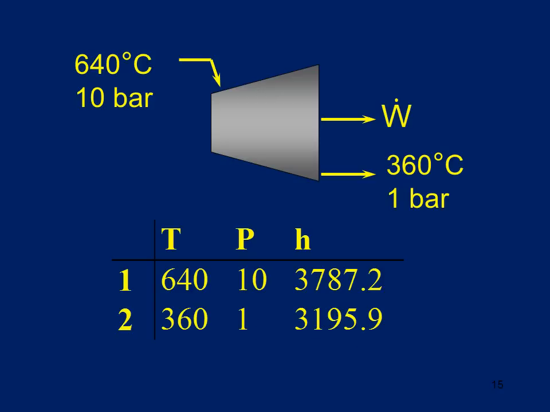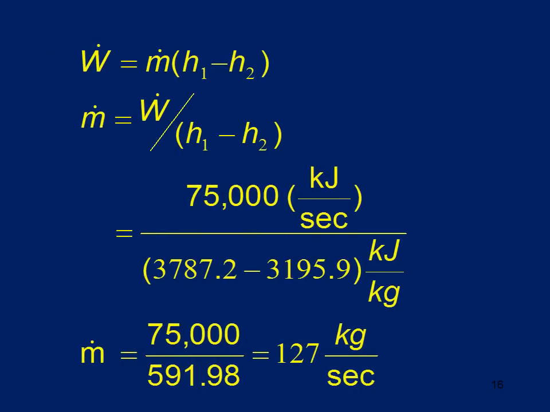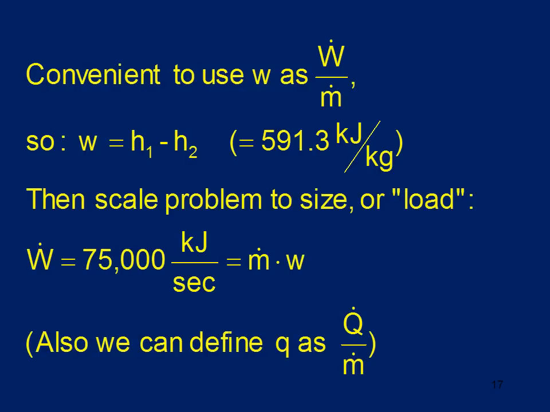The difference in those H's times the mass flow would be equal to the work flow. So again, W dot equals M dot times H1 minus H2, and we solved that from our energy balance. Solving, the mass flow is equal to 127 kilograms per second. Actually, that's fairly similar to what we had before.